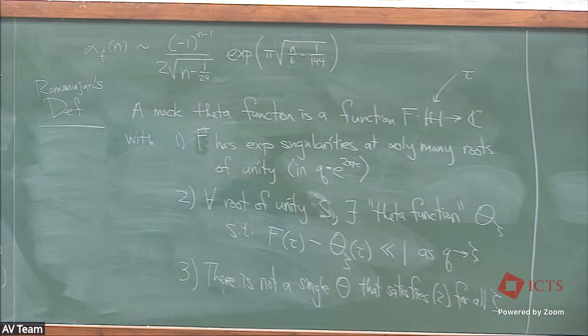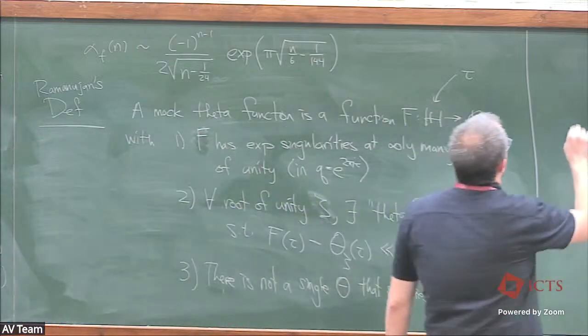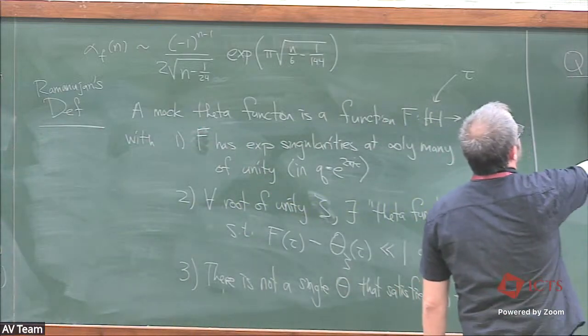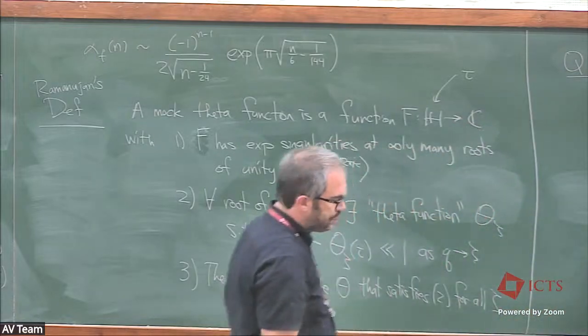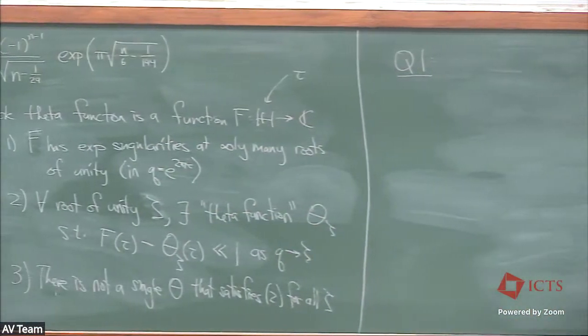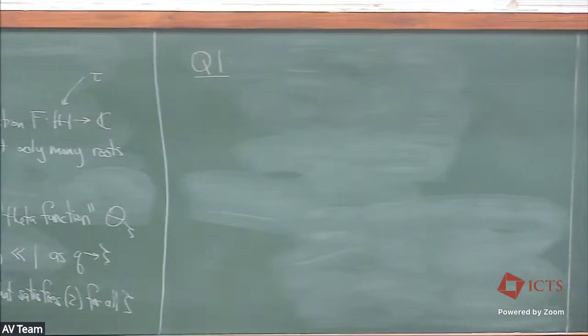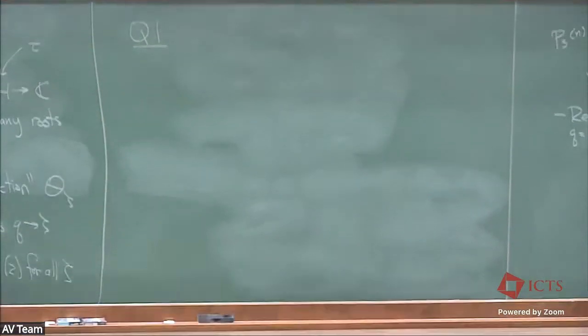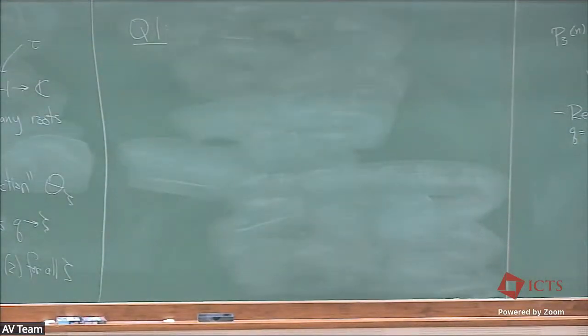And this leads to my first question. I said that I was going to have 5 questions today, so here's my first question, which is, what are we supposed to do with this? What are we supposed to make of this definition? I don't see a lot of structure here in the same way that the definition of a modular form clearly has some structure. There's a clear vector space structure.